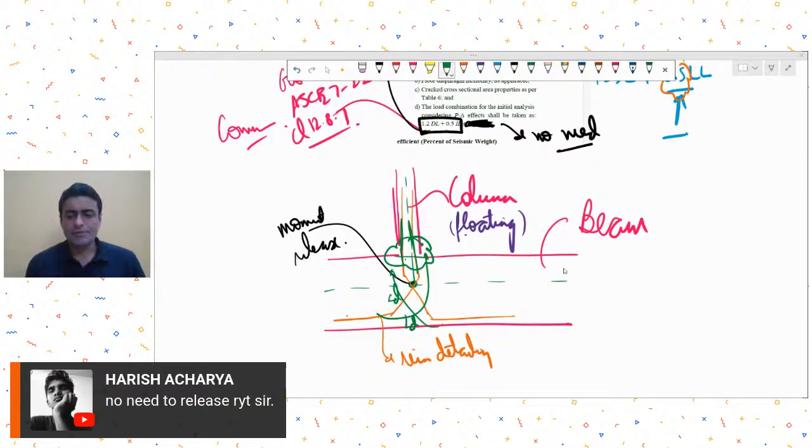But in case of RCC column and RCC transfer beam, I'm not sure how moment releases will work and how we can justify them by reinforcement detailing on site. Okay, so my one line answer will be don't give moment release.